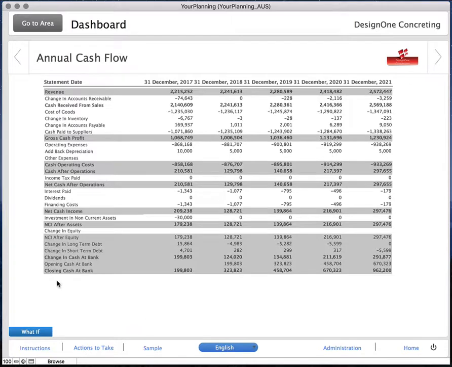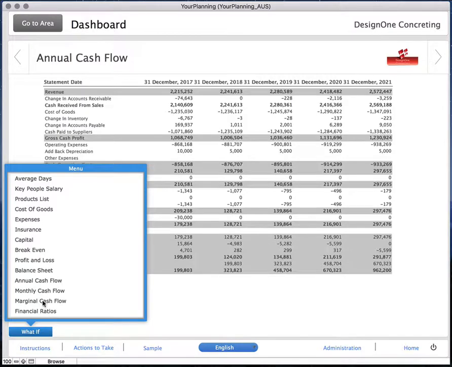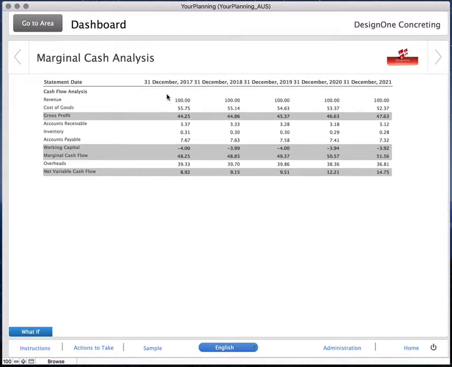When we look at the annual cash flow, you'll see we've gone from 157,000 annual cash in the bank to 199,000. Again, we've had a profound impact on the business. And when we look at the marginal cash situation, for every $100 of sales, it was generating a surplus of $7.18. Now we're generating a surplus of $8.92.